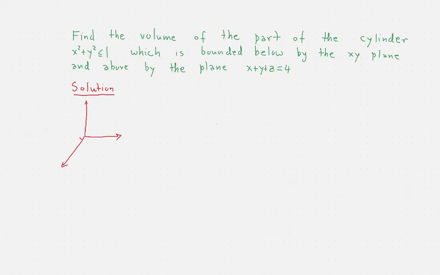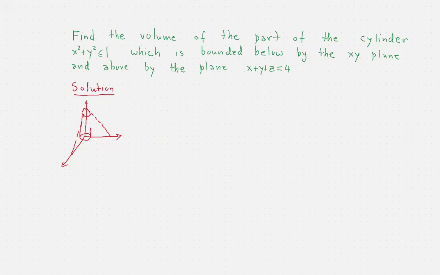But on the top up here, this is cut through by the plane x plus y plus z is equal to 4 that descends like this and cuts it in a sort of skewed way.